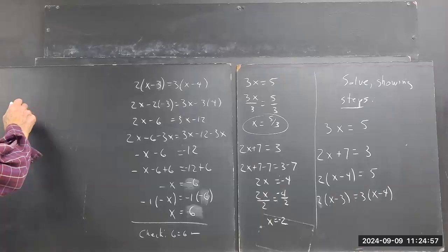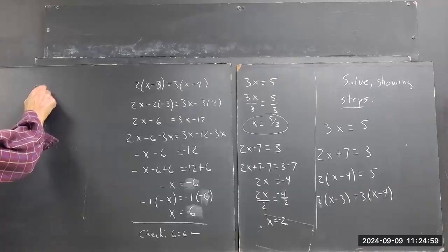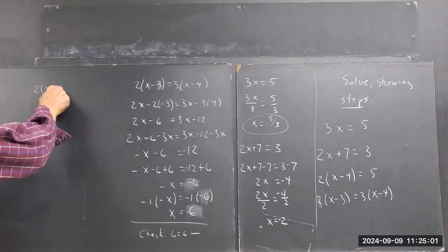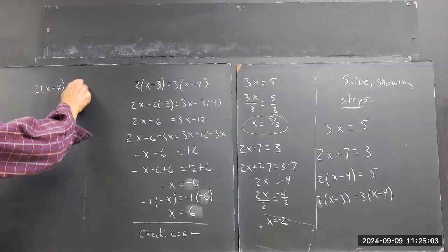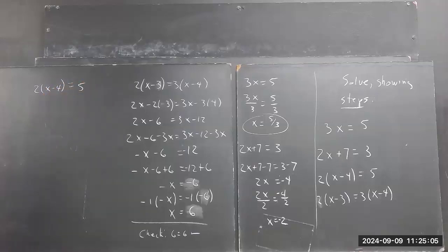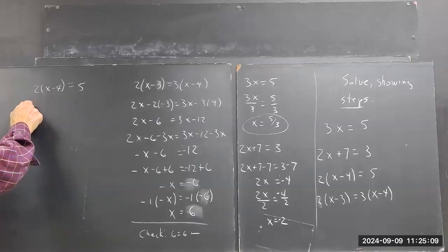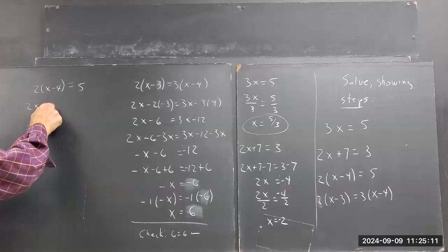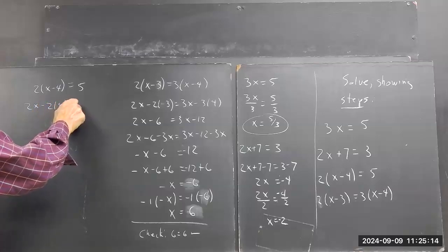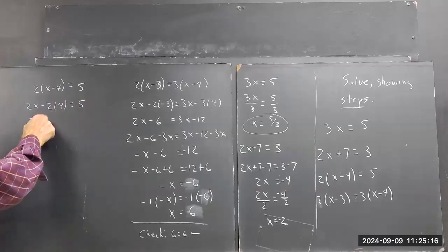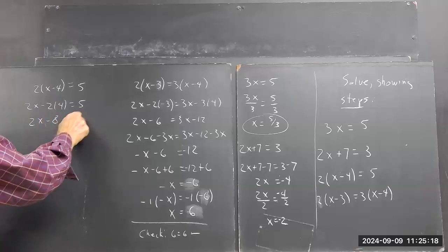Now, 2 times x minus 4 equals 5. Well, we use the distributive law. We get 2x minus 2 times 4 equals 5. 2x minus 8 equals 5.